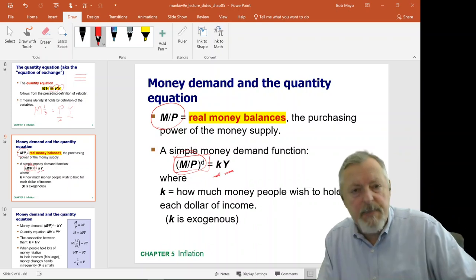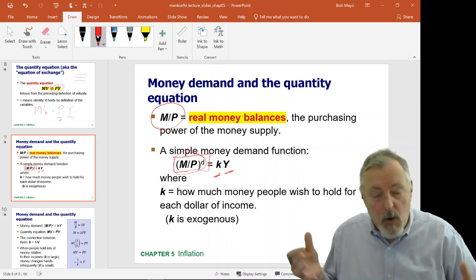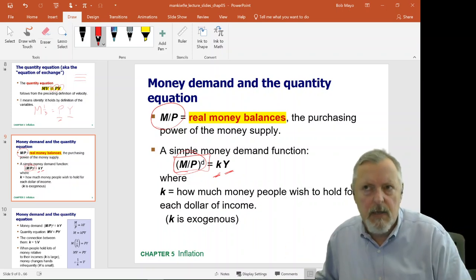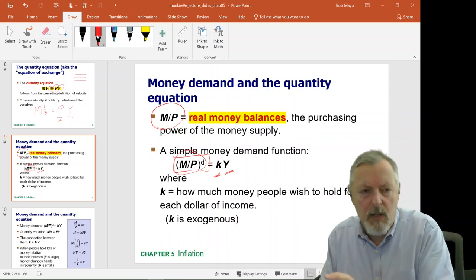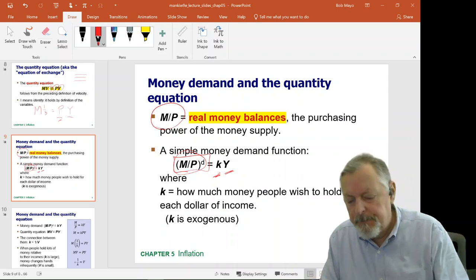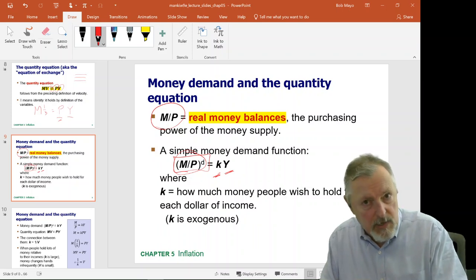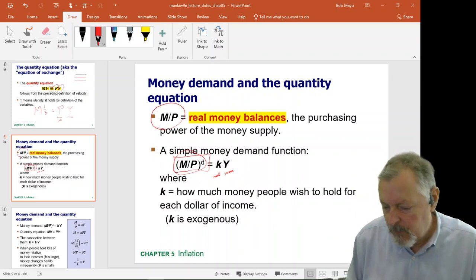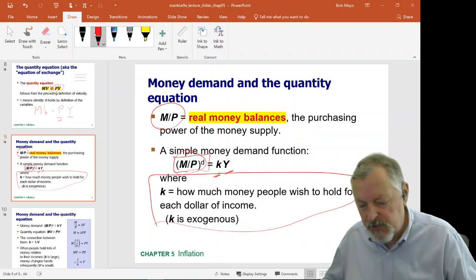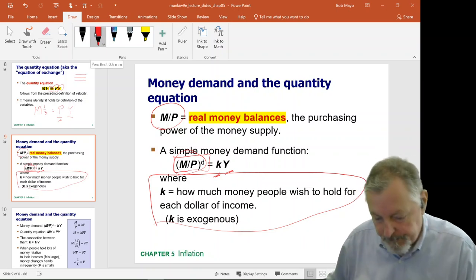But you don't want to keep all your money in cash. You say, well, I'm going to have this much wealth, this much stuff I want to buy, which is some fraction of total output, K, which is how much cash people want to hold for each dollar of income.